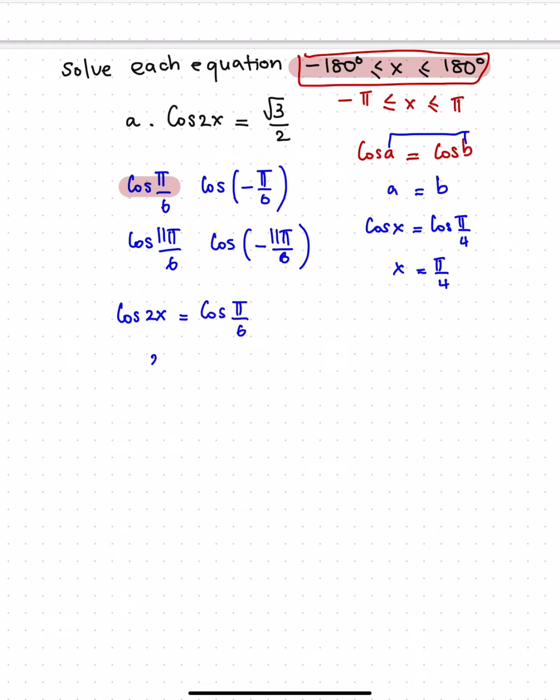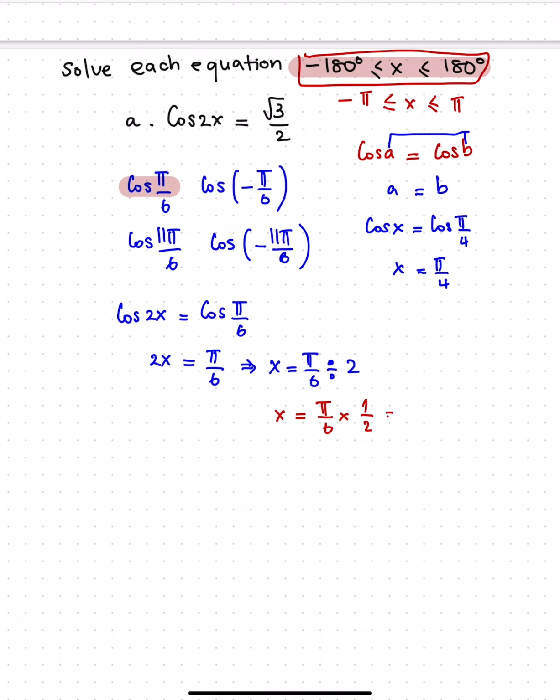over 6, and that will be 2x equal to pi over 6, and that will be x equal to pi over 6 divided by 2 from both sides. Then x equals pi over 6 times 1 over 2, because dividing by a fraction means multiplying by its inverse, and the inverse of 2 is 1 over 2.